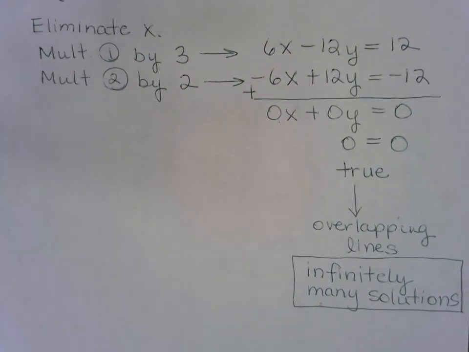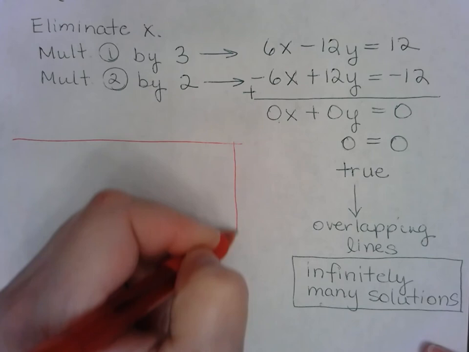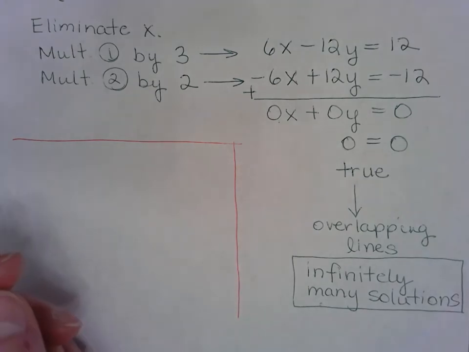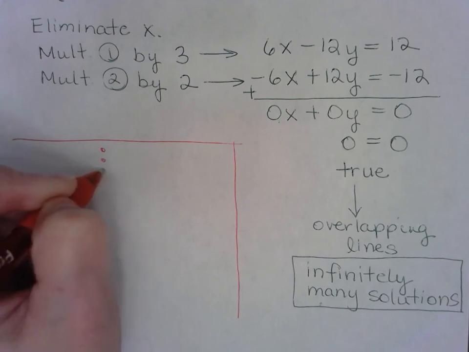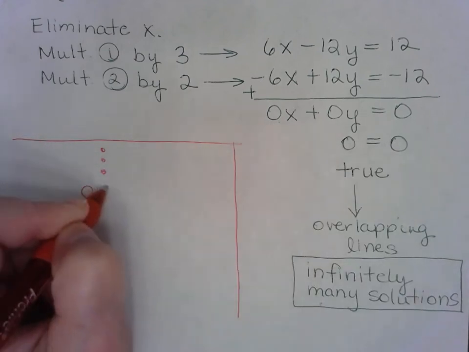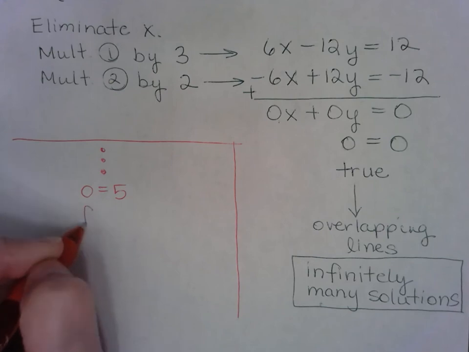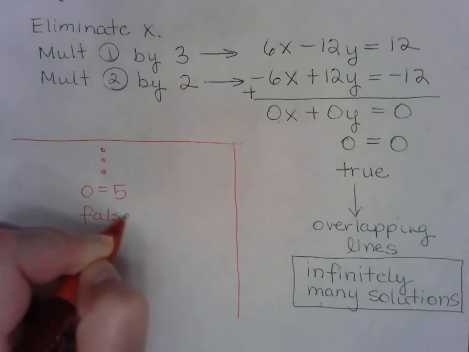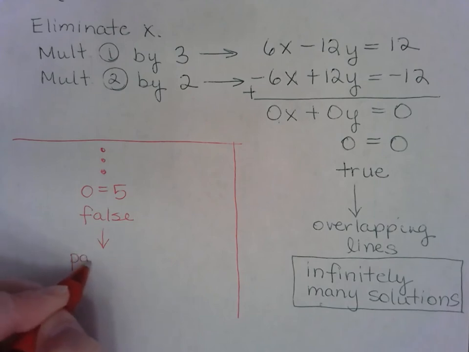I'm not going to do a separate example, but let me just demonstrate sort of what it would look like if you had the parallel line scenario, right? So maybe we did something similar to solve. But instead of getting 0 equals 0, we got 0 equals 5, right? So then we look to see, all right, is this true or false? This is definitely false. If it's false, that means we have parallel lines.